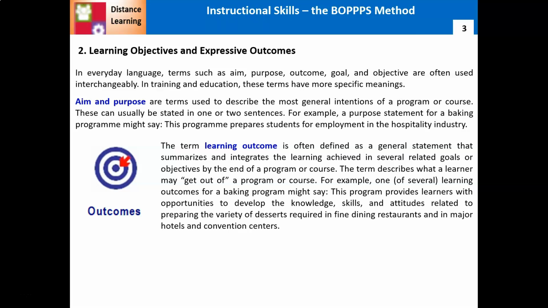An objective is to achieve the outcomes of a specific course or a specific chapter and so on. The term describes what a learner may get out of a program or course.